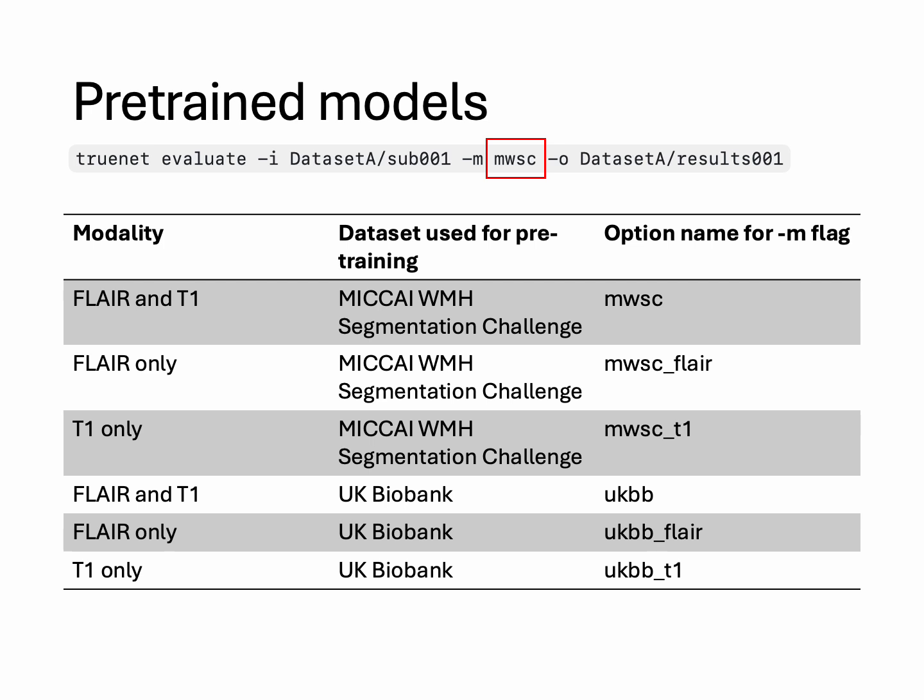And then for T1, we use the dataset name underscore T1. The same goes for UK Biobank as well, both T1 and flare. So we use only the dataset name, and then for flare we have the flare appended to it, and for T1 we have the T1 keyword appended to it. So here, this shows that we take a MICAI challenge trained model, which was trained on both flare and T1 modalities.